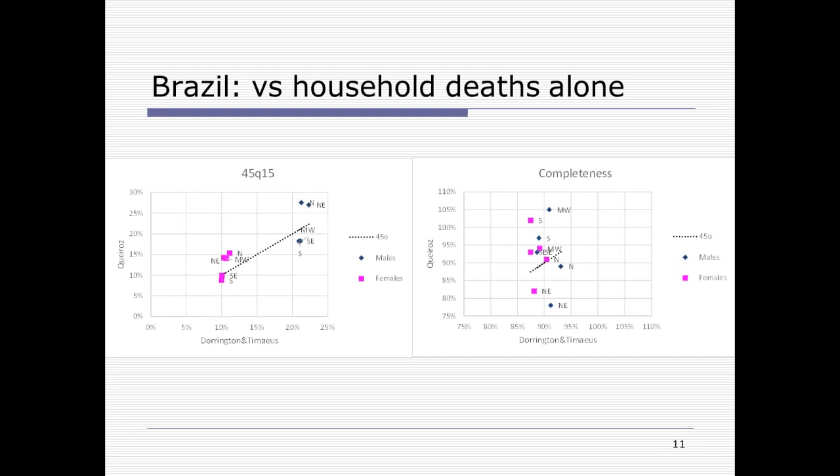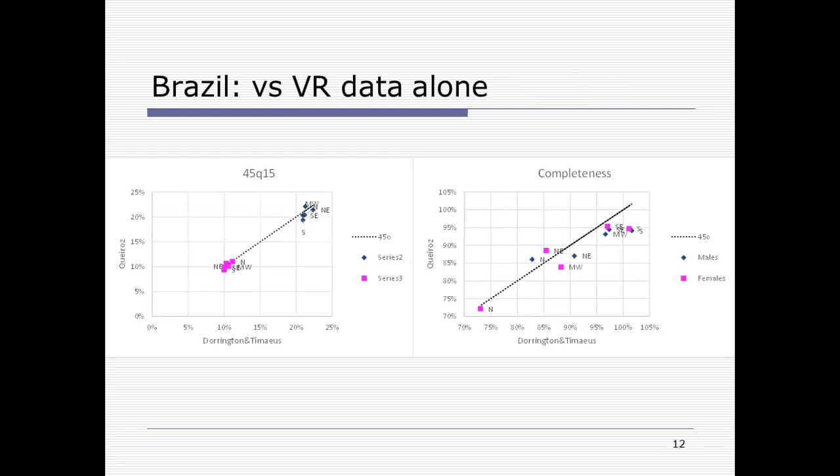There's a greater spread, which means that you don't get quite the distinction between males and females spread in regions. And most of this is due to the estimate of completeness. As you see, because of the assumptions that we're making, we have a fairly narrow difference in completeness, whereas estimating completeness on the household data directly produces quite a wide range of estimates by region.